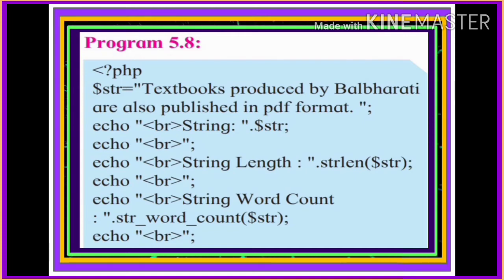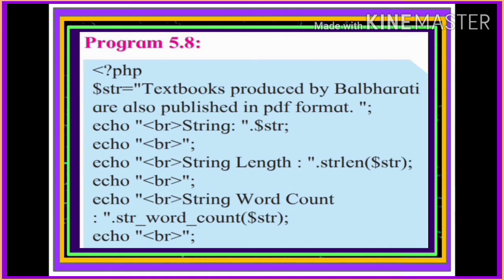In next line, use br tag with echo. In next line, echo space br, string length colon, write in double quote, write dot strlen, pass one variable str in strlen function, write semicolon. In next line, write br tag with echo.